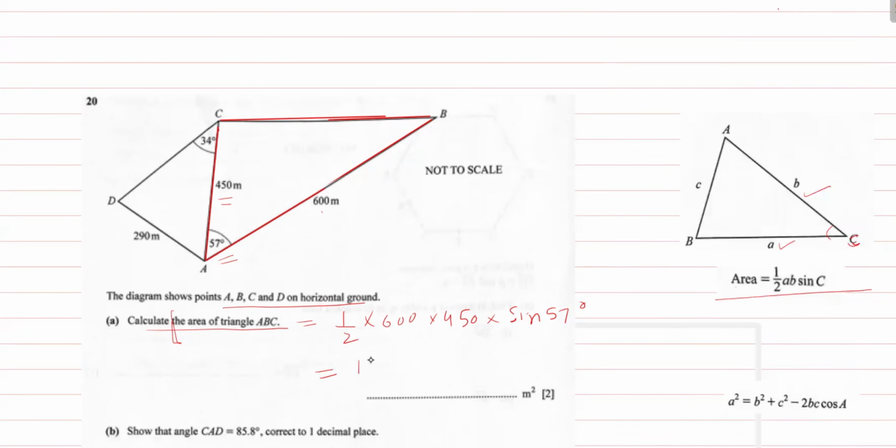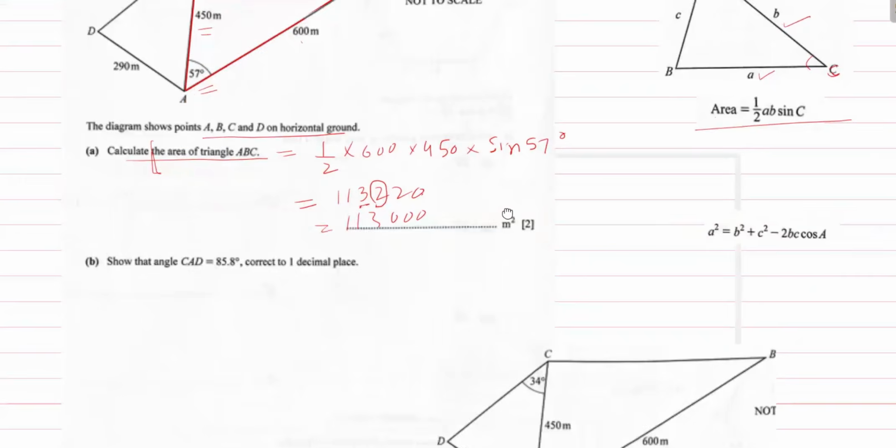This is 113,220, and we need three significant figures. This is the third significant digit, and the neighboring digit is less than 5. Therefore, we will write 113000 as the answer, because against these 220, we will write 00 as a placeholder.